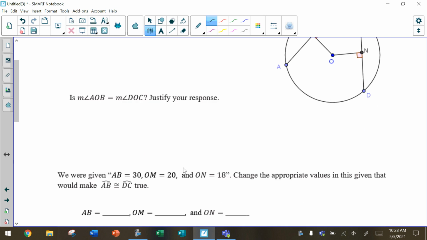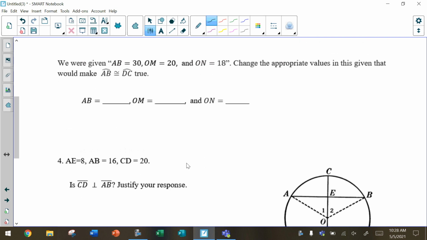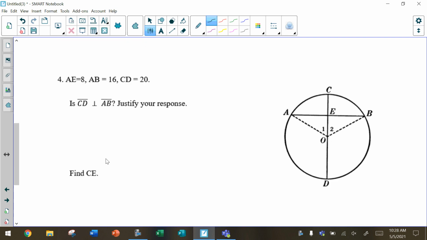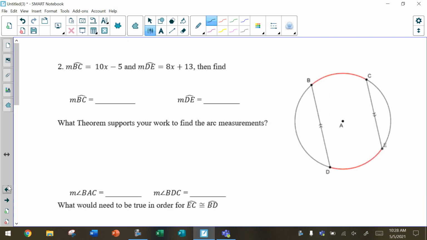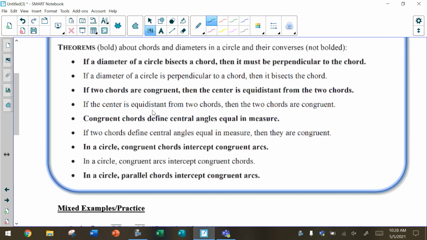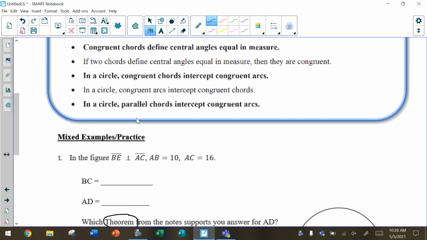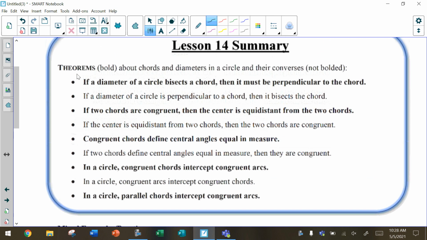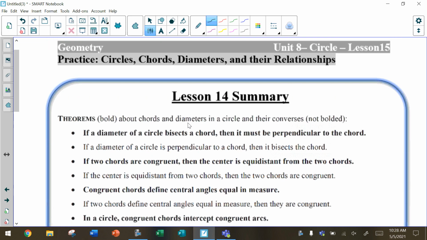Anywhere it says to justify your response or to identify the theorem, you're going to come back to here and pick which of these you're using and write it in. If you don't write them in, you are going to get very few points on the homework. This is going to be probably homework worth about 12 points or so, and if you don't write them in, you're going to be lucky to get half of the points. So half of this homework is going to be you taking the time to write these properties in when you do lesson 15.